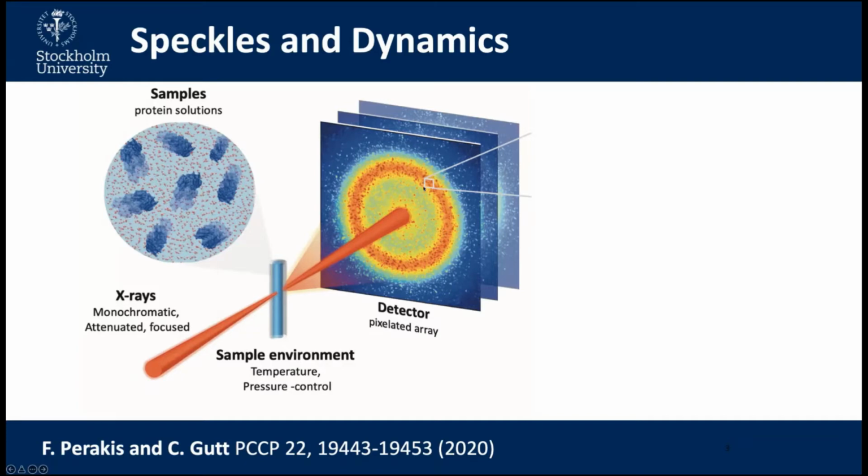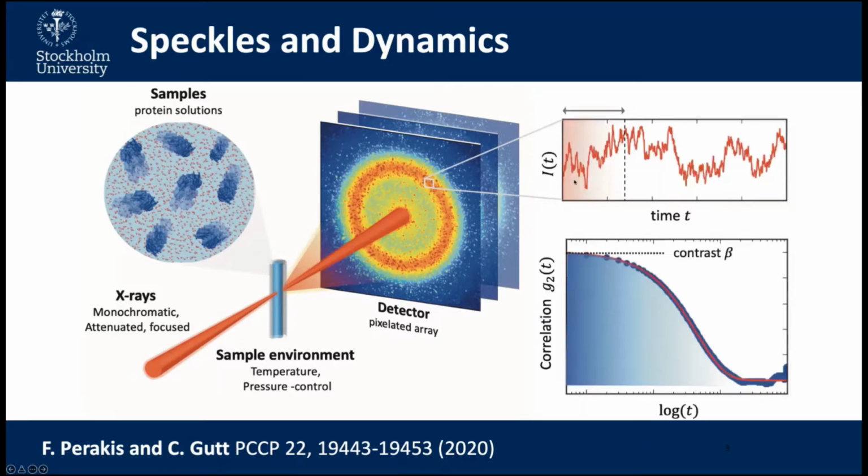And by following the intensity as a function of time at one particular Q or one particular pixel, you can see these speckle patterns start to fluctuate. And that intensity fluctuation has to do with the fluctuation that is happening in real space at the particular length scale that you're looking at, the particular Q.